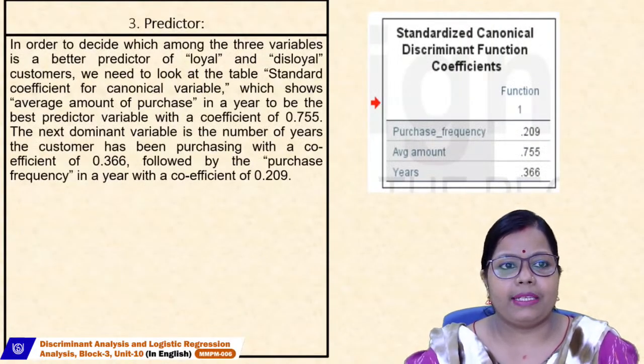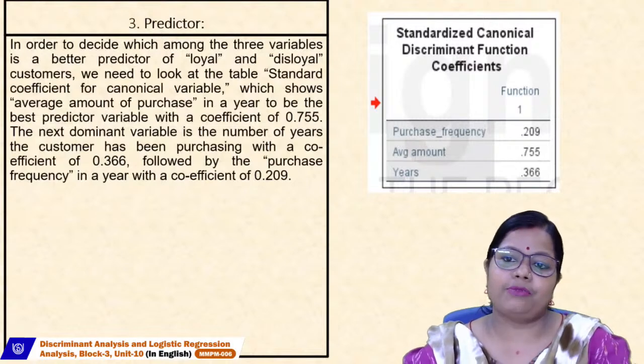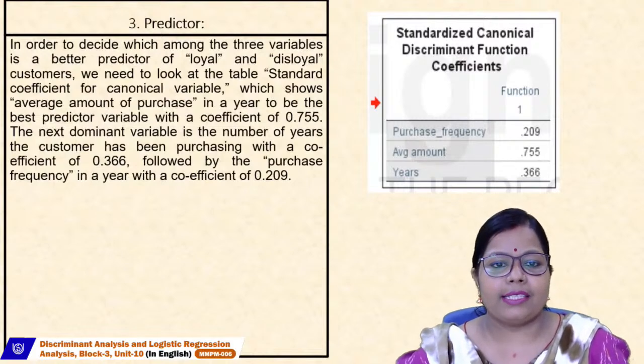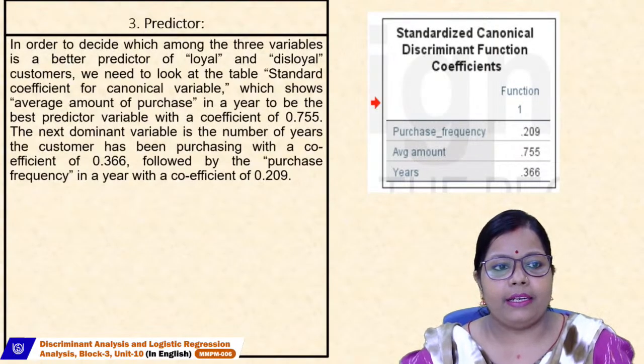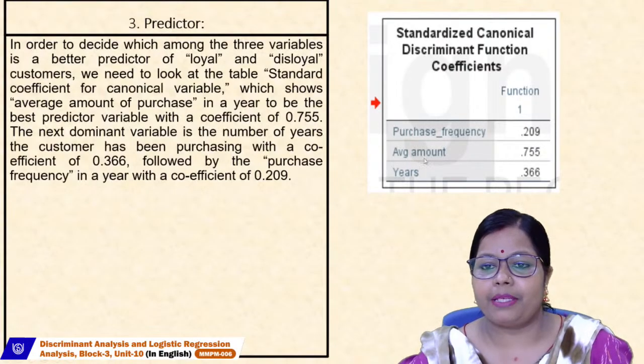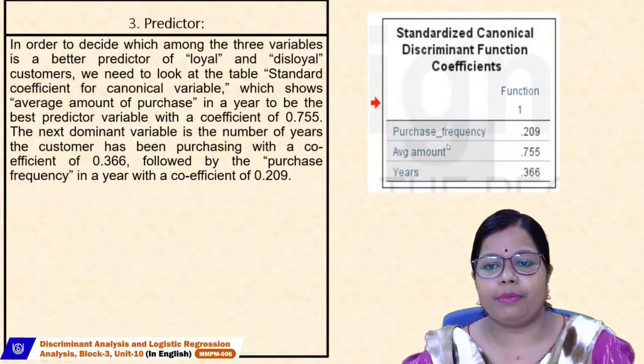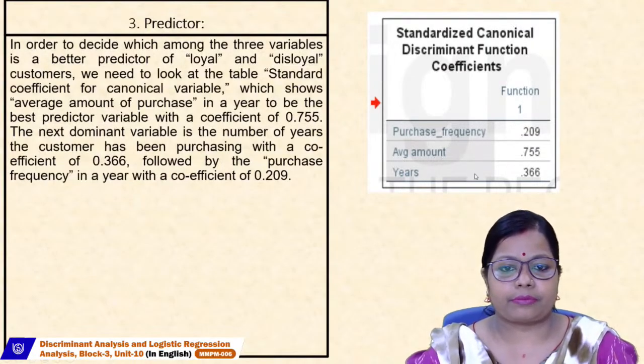In order to predict which of these 3 variables is the better predictor of loyal and disloyal customers, we need to look at the standardized coefficients, as we have already chosen. We can see here that years is the best predictor variable with a coefficient of 0.755. We had 3 independent variables: purchase frequency, average amount, and years.